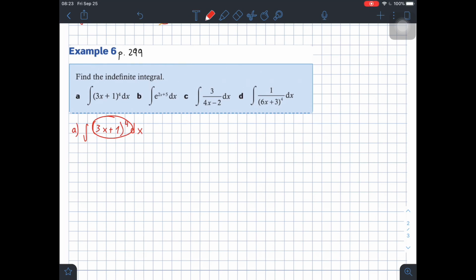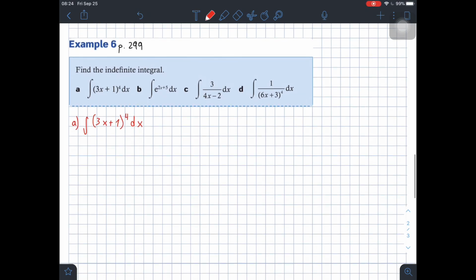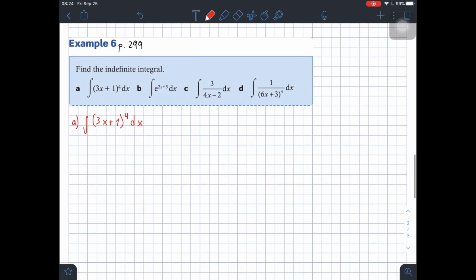So I'm going to show you a shortcut in order to avoid expanding this expression. This method is called the substitution method, which you will be using a lot for integrals, okay? So let me show you what the substitution method is about.